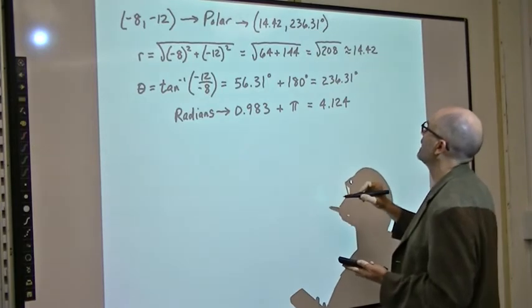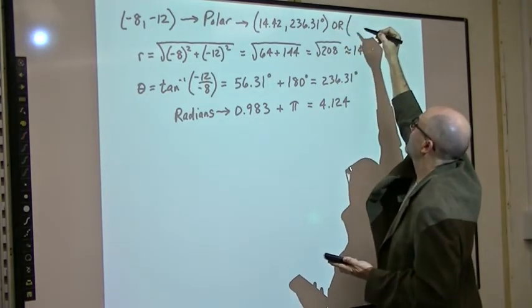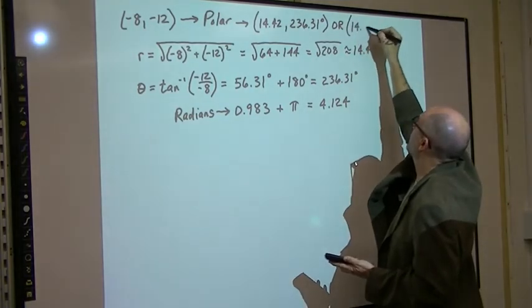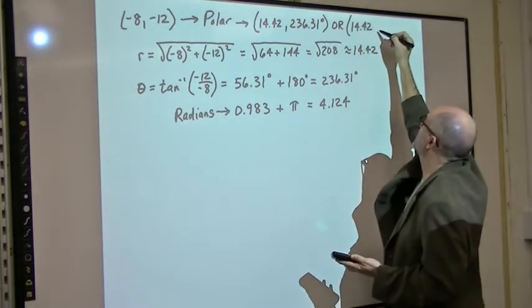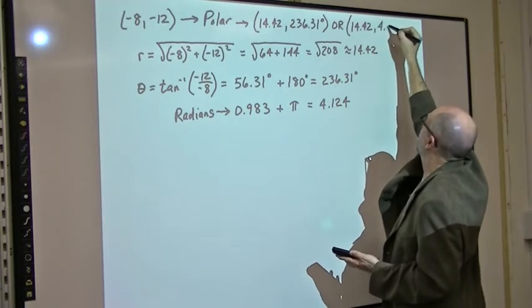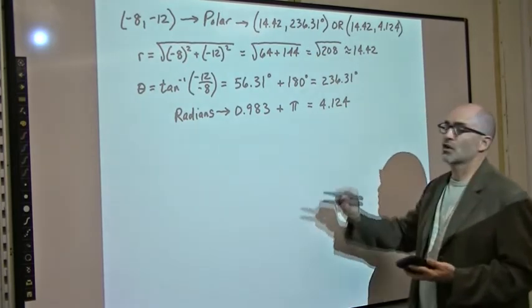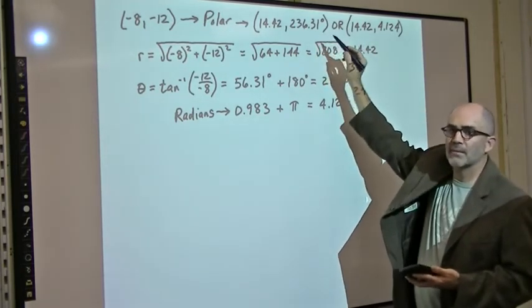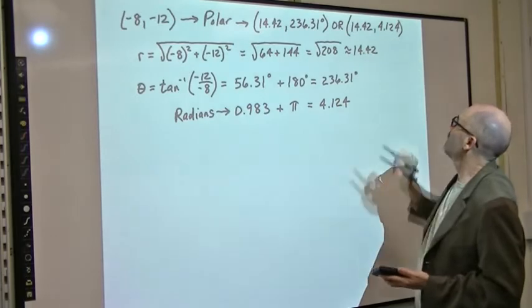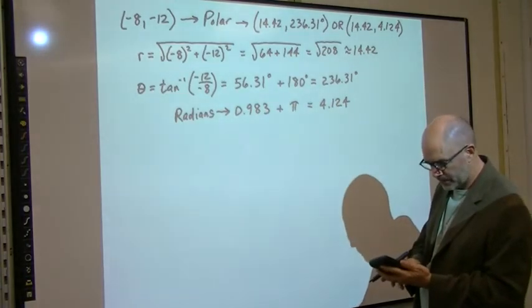So in radians, this would be 14.42, same magnitude, and the radians would be 4.124. Now notice, for degrees, I have to put the degree mark above it. For radians, I just leave it a plain number and it's understood that that's radians.